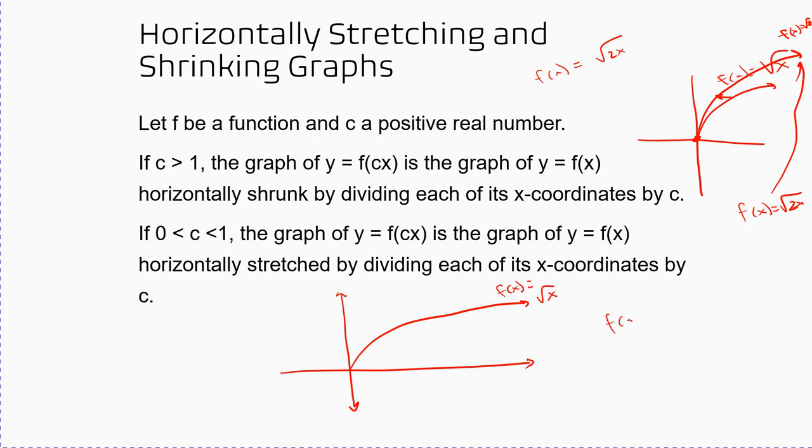If you were to look at some g of x equal to the square root of 1/2 of x, it's like you're stretching it, pulling it out. So that's what I mean by horizontally shrunk, you're pulling it in. Horizontally stretched, you're pulling the graph out.